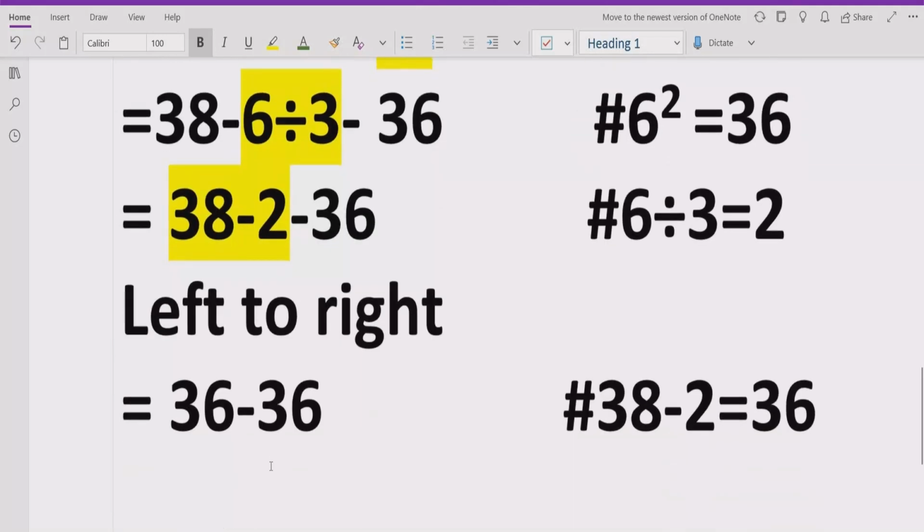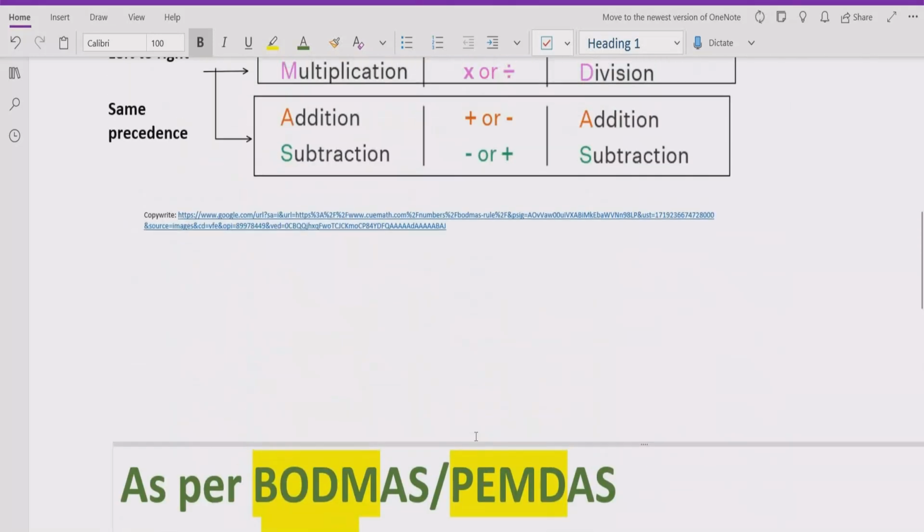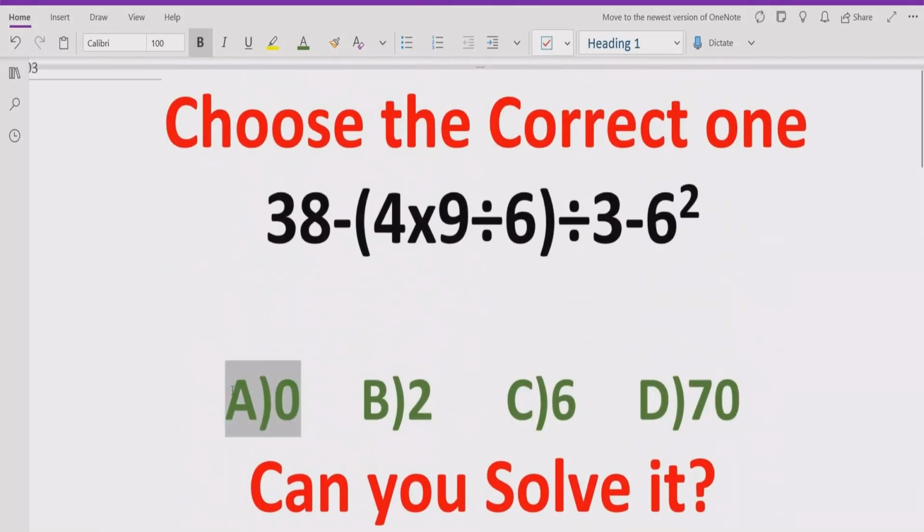Now we have two terms which are similar but opposite in sign, plus 36 and minus 36. When we subtract both of them we get the answer 0. So the answer of the given expression is 0. If you see the answer list, answer A is the correct answer of this expression.